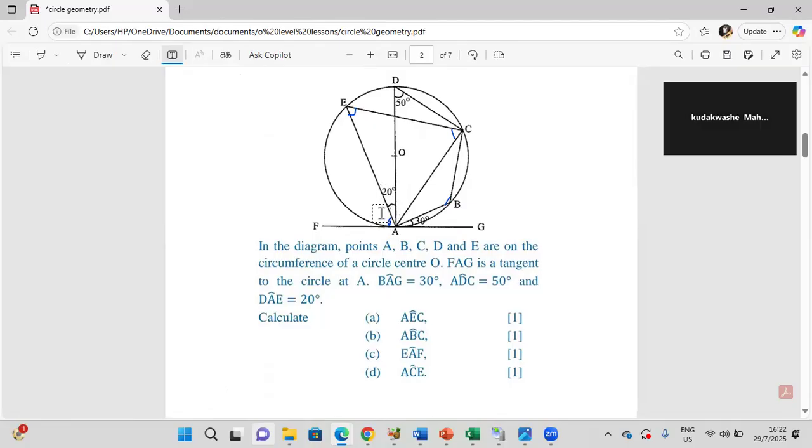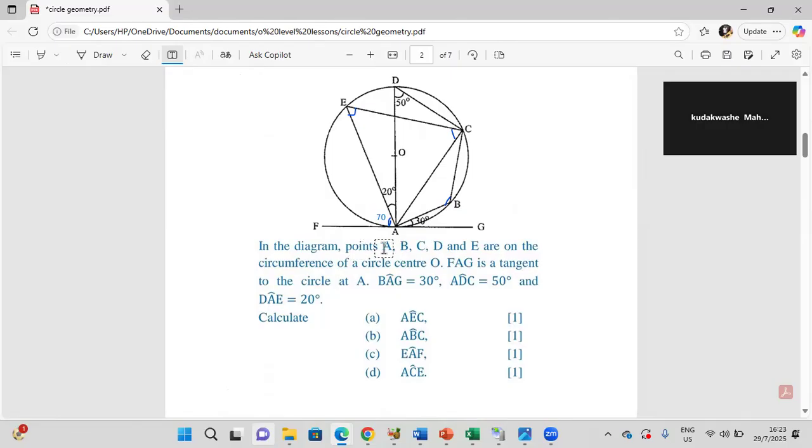If you're already given 20, to make it 90, we need 90 minus 20, that should give you 70. Because this whole angle, FAO, is 90 degrees, a right angle.